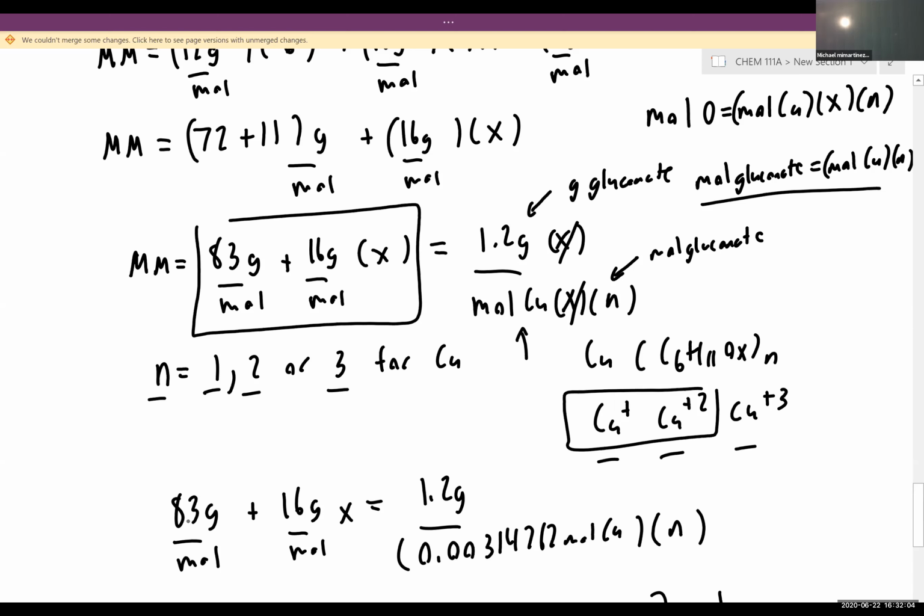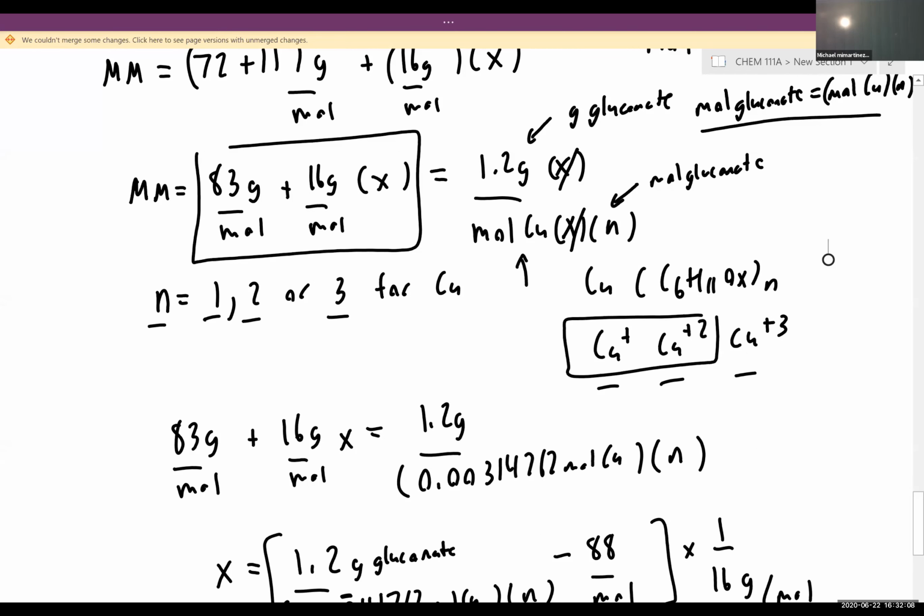We have our 83 grams per mole plus 16 grams per mole times X. This is our expression for the molar mass, and that is equal to 1.2 grams, which is our grams of gluconate, over our moles of copper times N.